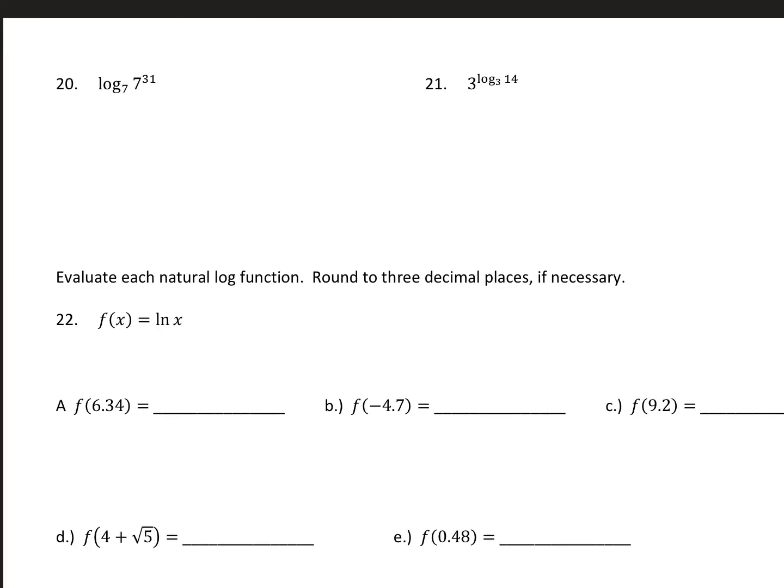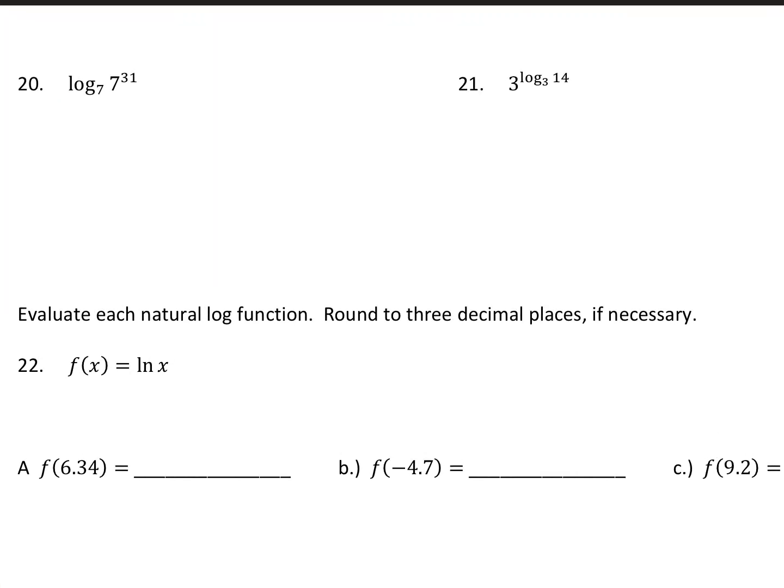For 20, you have log 7 of 7 to the power of 31. Again, your base is the same as your big number. At the same time, when you have a power on your big number, that power goes to the front. So we could say this is 31 times log 7 of 7.